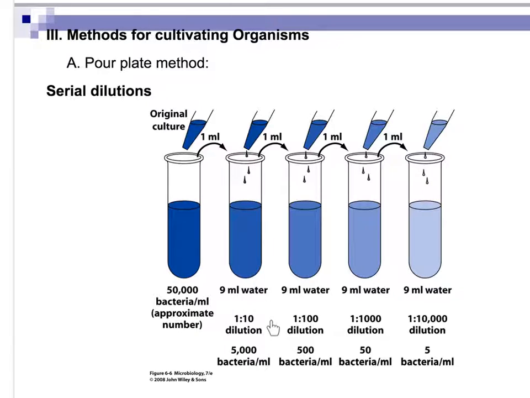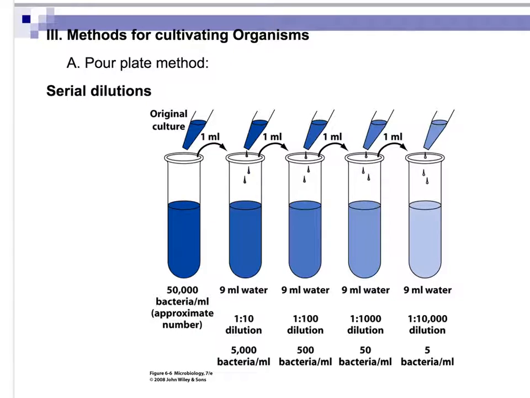So that gives us a 1 to 10 dilution. Then we'll take 1 milliliter out, put it in the next one. That gives us 1 to 100. We'll take a milliliter out, put it in the 9 mils of water. That gives you 1 to 1,000. And then you take a milliliter out, put it in the last one, and then you get a 1 to 10,000. So from this, it makes it way easier to count the number of bacteria in there rather than the 50,000.